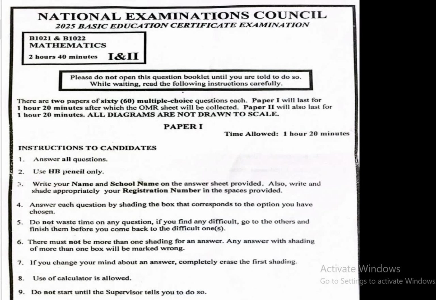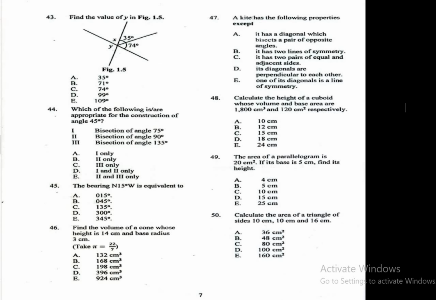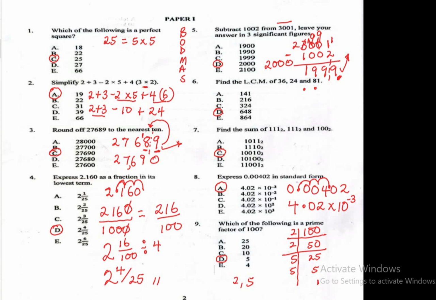We are still looking at the mathematics paper, the 2025 Basic Education Certificate Examination. For lessons 1 and 2, I've solved questions 1 to 40. This is the third lesson in mathematics, and for this lesson, we are going to complete everything in paper 1.